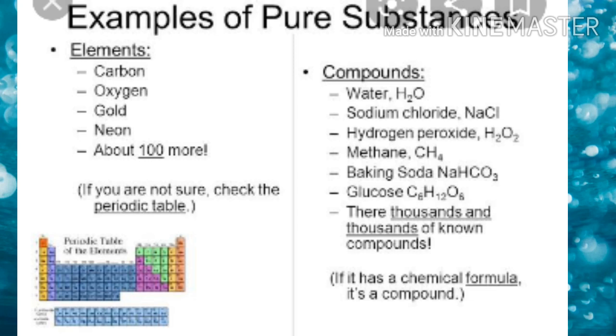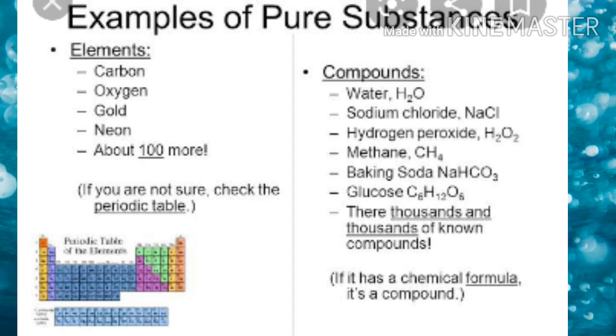Next, elements like hydrogen, oxygen, nitrogen, chlorine, bromine, silicon, etc. These elements are all made up of only one kind of particles. Similarly, all the compounds such as water, carbon dioxide, sodium hydroxide, and sulfuric acid are also pure substances.